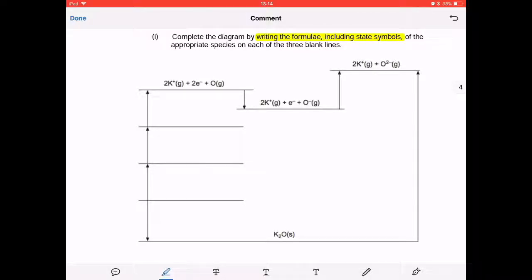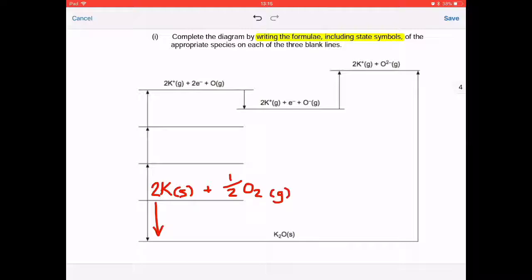This is the enthalpy of formation of potassium oxide. So that is things in their standard states forming 1 mole of potassium oxide solid. In this case you need 2K, whose standard state is a solid, plus a half O2 as a gas. That is the first line there.